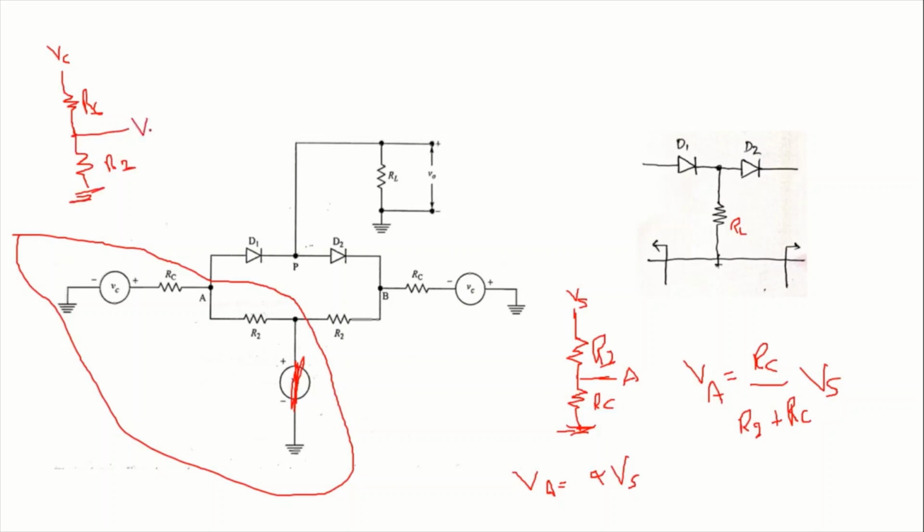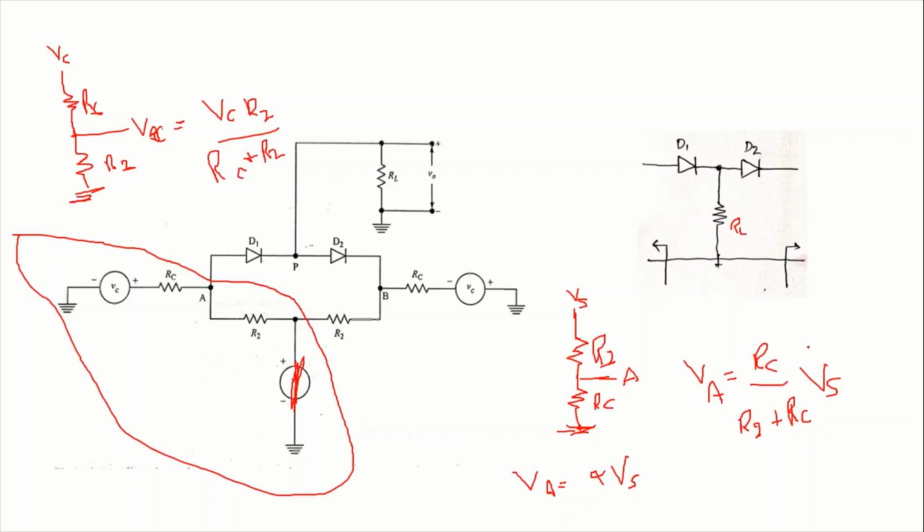This can be calculated using the voltage divider formula: VC into R2 by RC plus R2. This is the Thevenin voltage with Vs equal to 0.